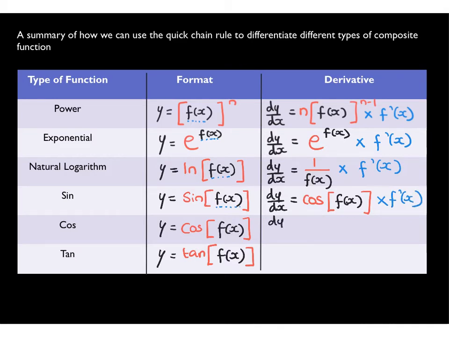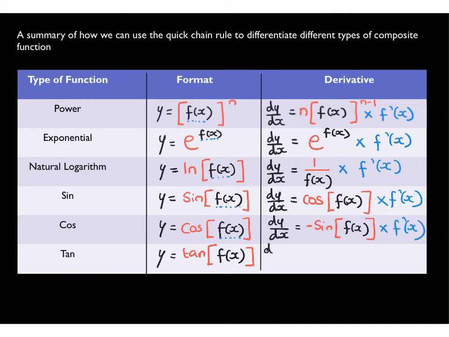Similarly, we know that when we differentiate cos, we get negative sine, so this will differentiate to negative sine f of x, but again multiply by the derivative of the inner function.